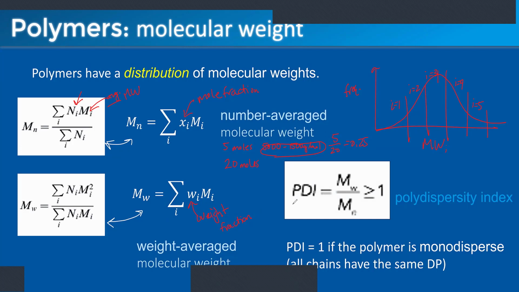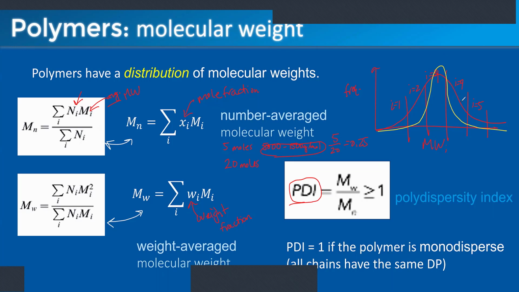We can also calculate something called the polydispersity index. Polydisperse means that there's a distribution of chain lengths in the polymer. Monodisperse would mean that all the polymer chains are exactly the same length. So the polydispersity index tells us how wide this curve is, basically. If you had two different populations here, one of your polymer samples had the distribution shown in red, another had the distribution shown in yellow.